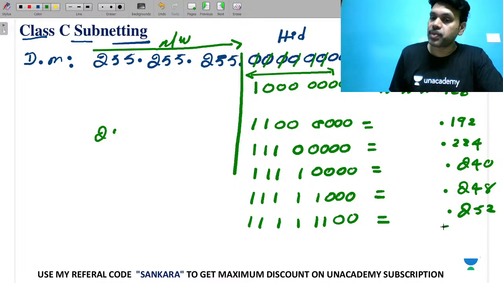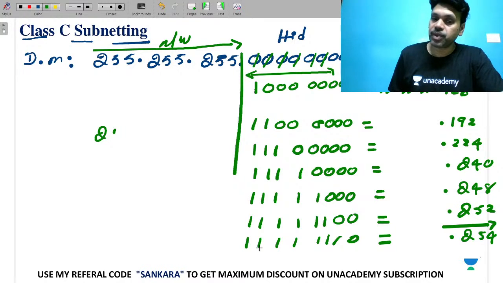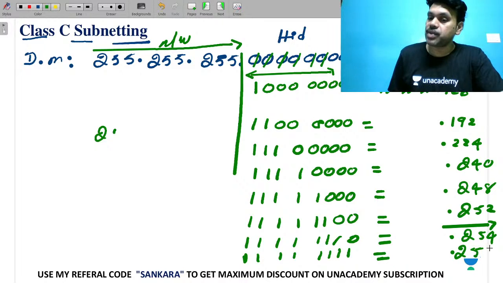You need to stop here. You can still do more, but there is no use of the subnetting. 7 bit subnetting has the value 254, and when all 8 bits are subnetted, the value is 255.